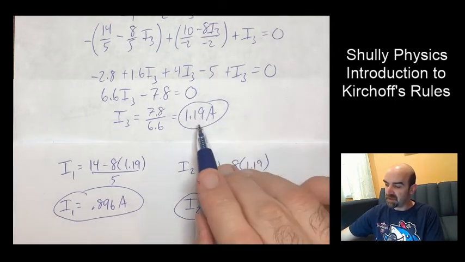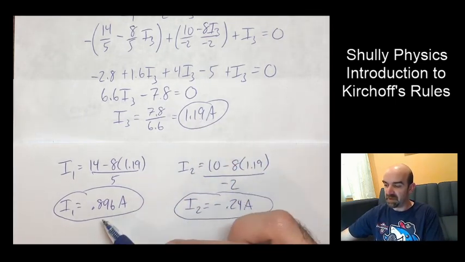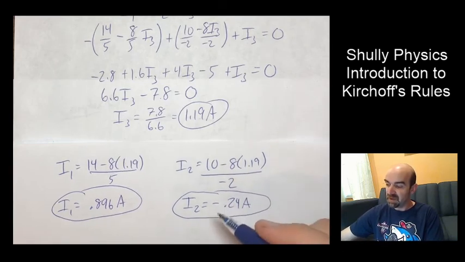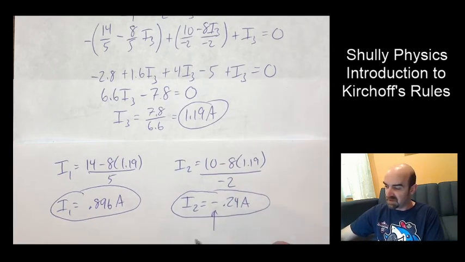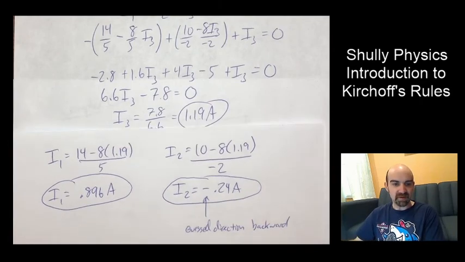But if you take a look, I've got a positive 1.19 amperes, positive 0.896, and negative 0.24. So this means I guessed the backward direction. Okay, guessed the backward direction.